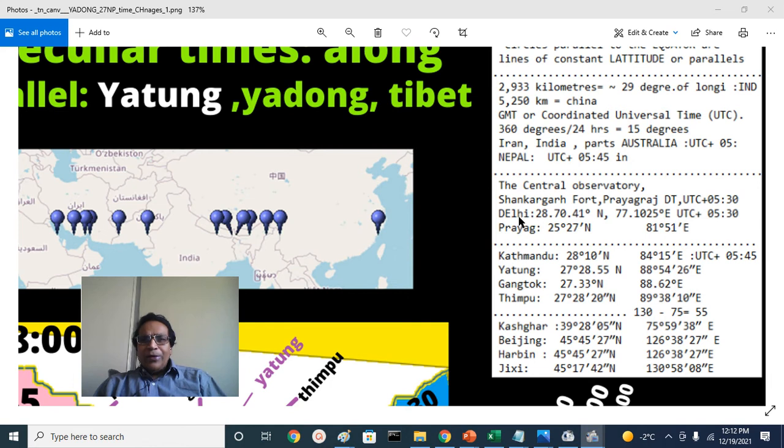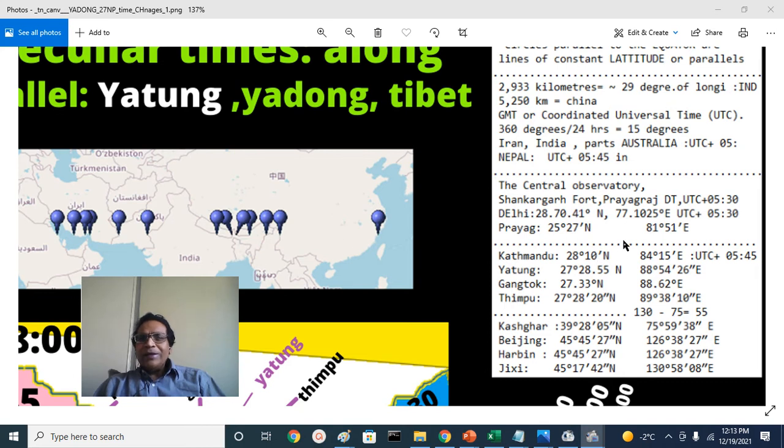You have to remember Delhi is exactly at 28 degrees north parallel, north of the equator, and roughly 77 degrees east. That means it will get 15 multiplied by 5, 75. That means the natural time at Delhi is roughly 5. But from Delhi, if you go a little bit east along the Doab region, the lower Doab ends at Prayag, Allahabad.